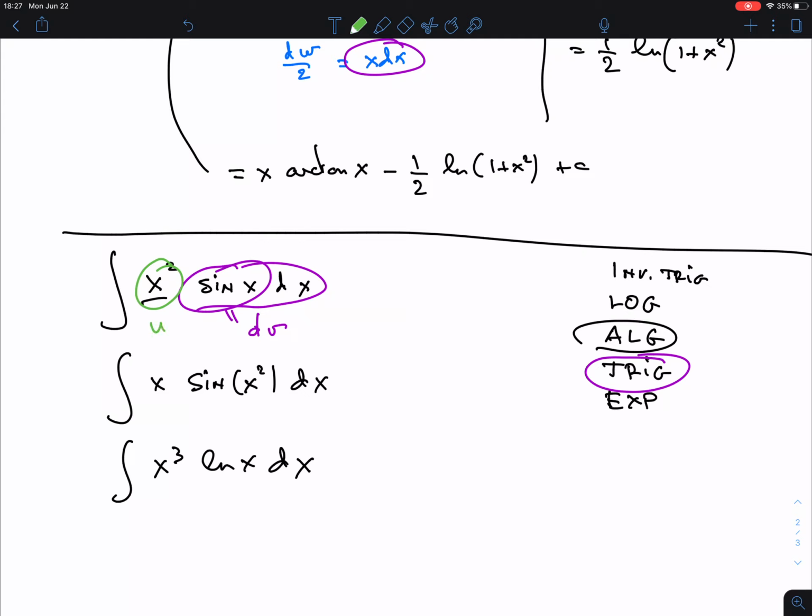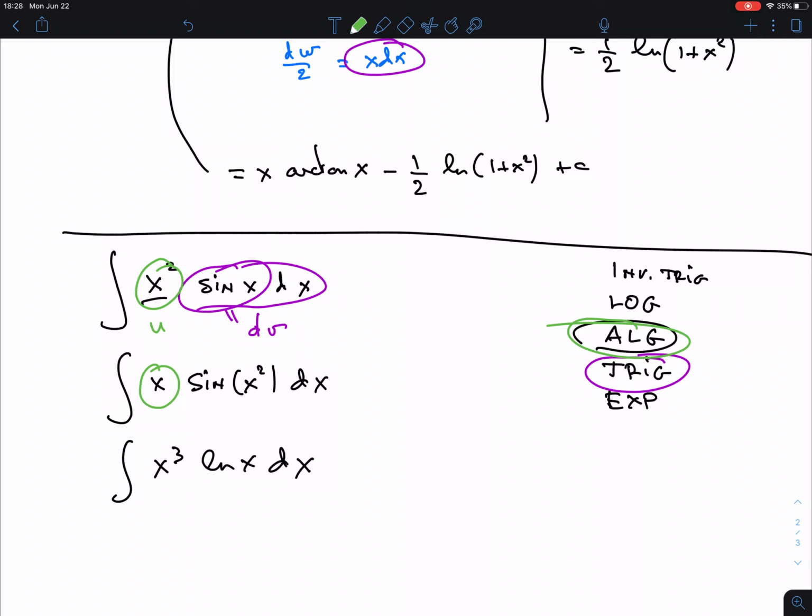Okay, great. Next, x sine x squared dx. You say x is algebraic. Let's do it in green, sine x squared. Now you might be saying that's a trig function. That's not true. It is a trig function in which a more complicated function has been substituted. We plugged in an x squared, so it has an inside function, and that we cannot allow, at least not in complicated ones like x squared.